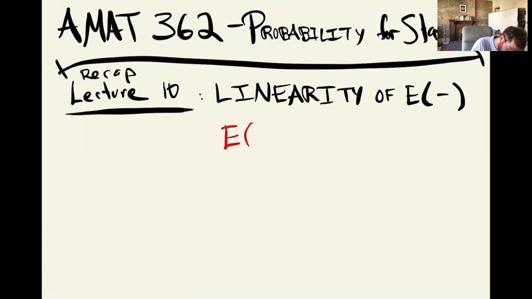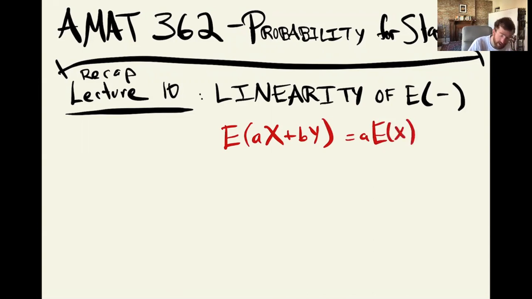And once you accept those two ideas, we have the following beautiful formula, which is that if I look at the expectation of ax plus by, which again is a random variable that comes from first picking a random number according to x, then picking a random number according to y, scaling the number of x by a, and then scaling the number produced by y by b, and then adding the result.